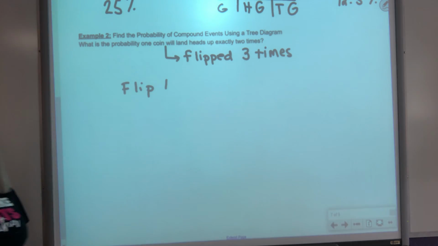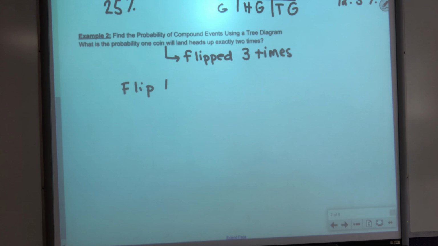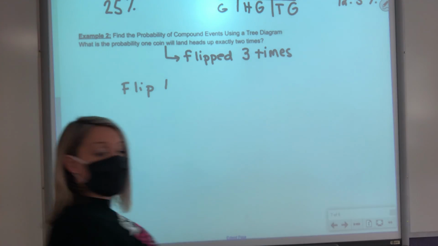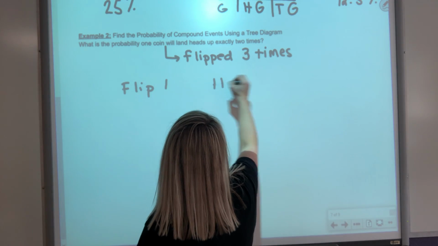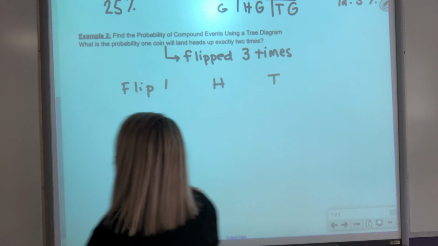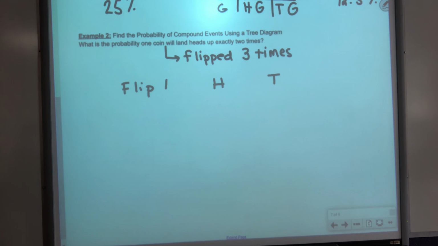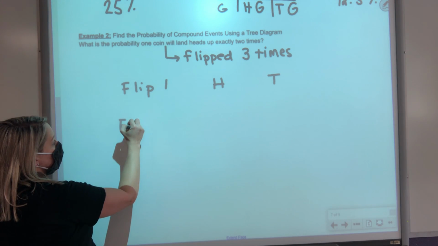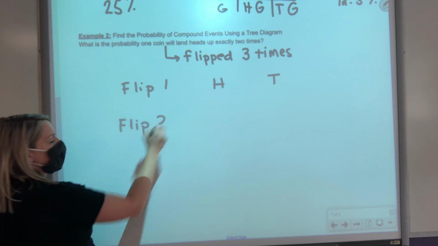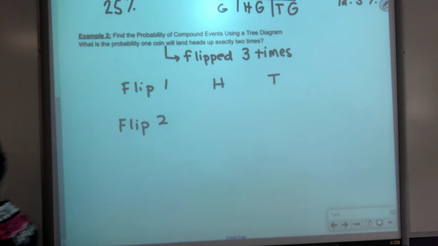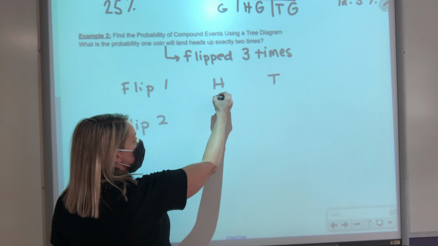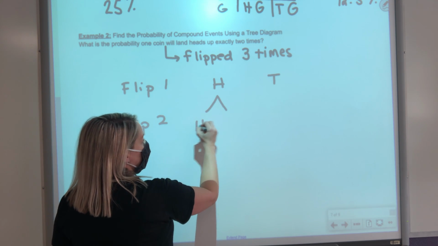What happens on flip 1? What can happen on flip 1? Gabrielle? You can get a head or tails, right? So now you gotta go again, right? So then flip 2, what are our options? If we get a heads, then we can go heads or tails.